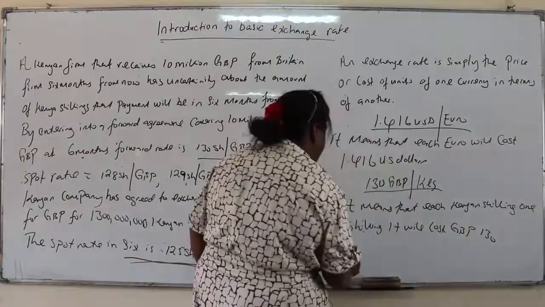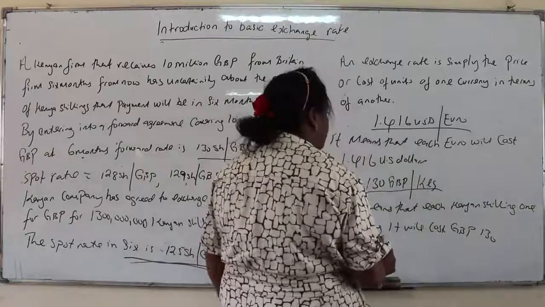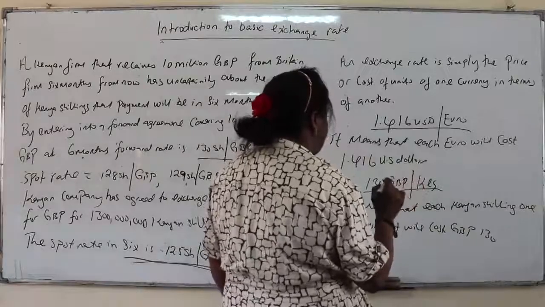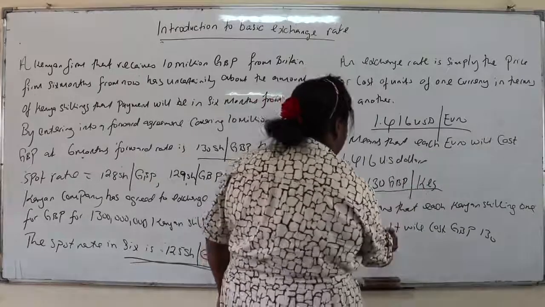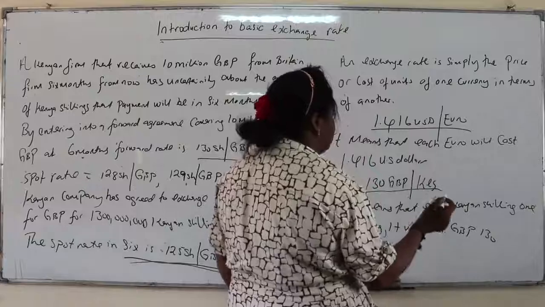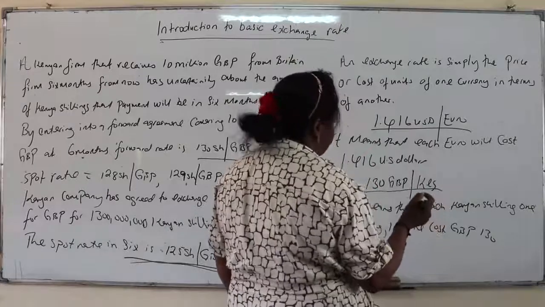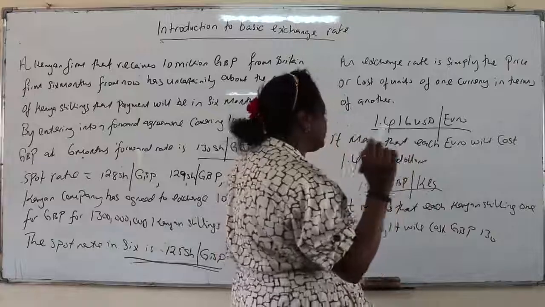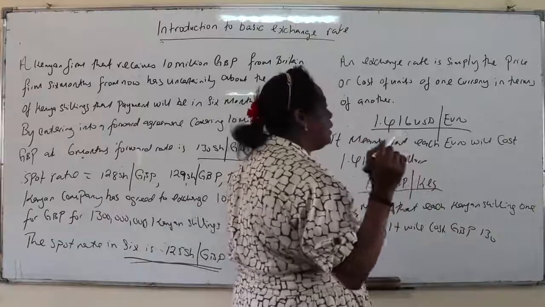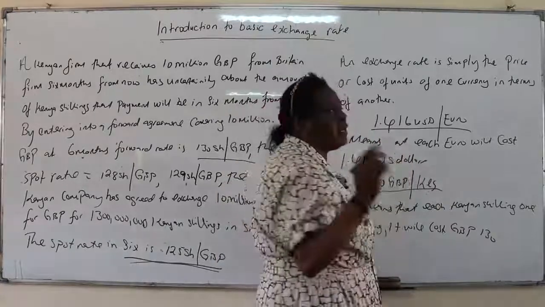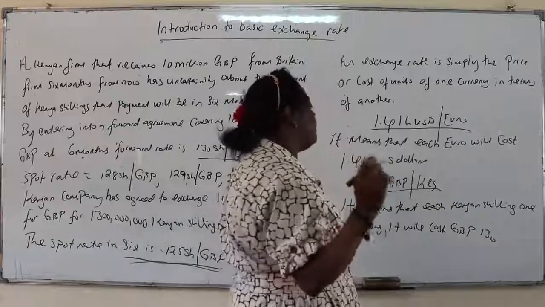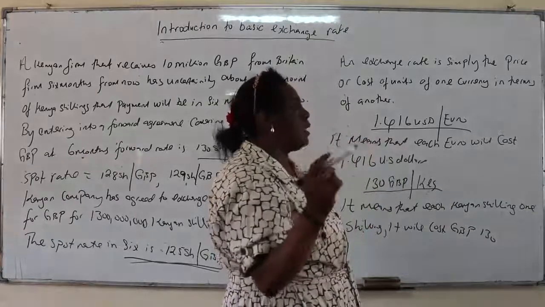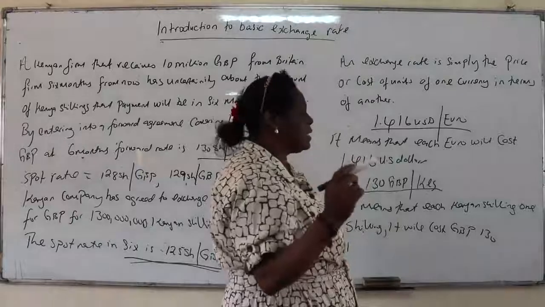It means that for me to buy 1 Great Britain pound, I will need 130 Kenya shillings. For me to buy 1 Great Britain pound, I will need Kenya shillings 130.